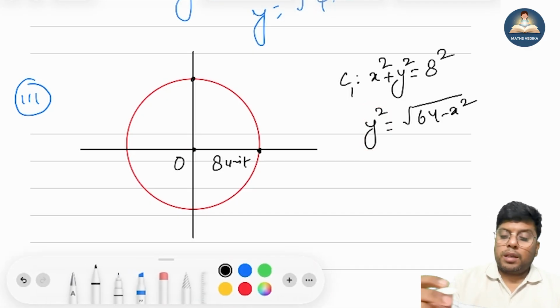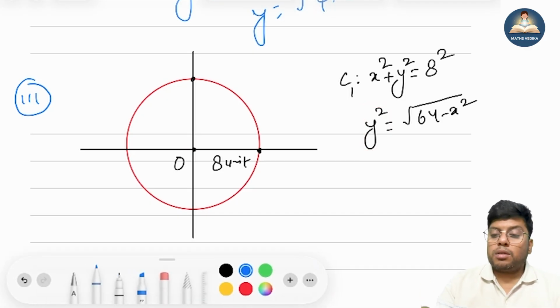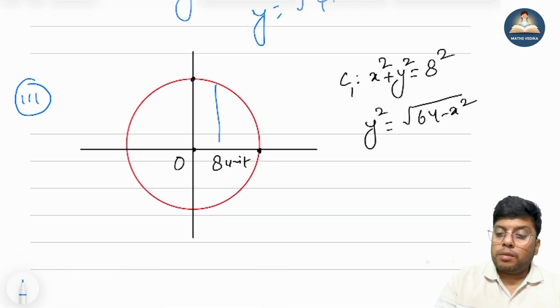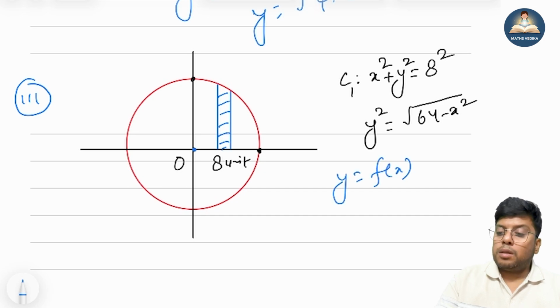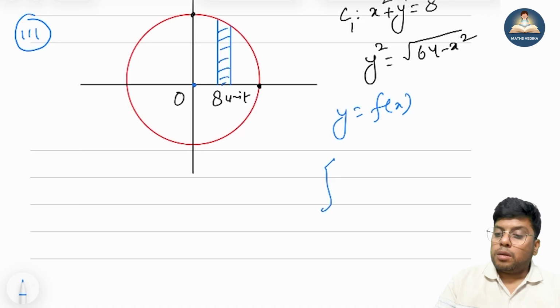So we'll take a y strip, and we'll integrate from 0 to 8, y is equal to f of x. So we'll integrate y dx.